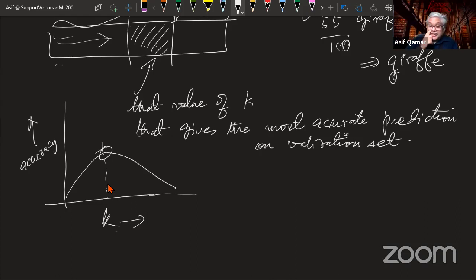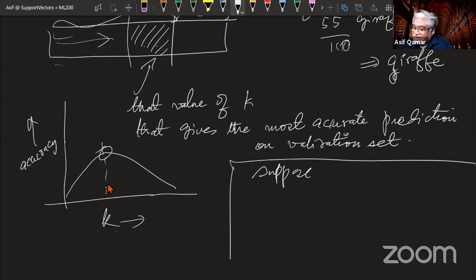Now comes an interesting point. Suppose you have a space, suppose data has the notion of distance, has distance easily defined.